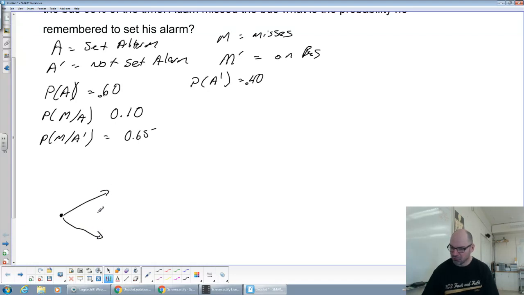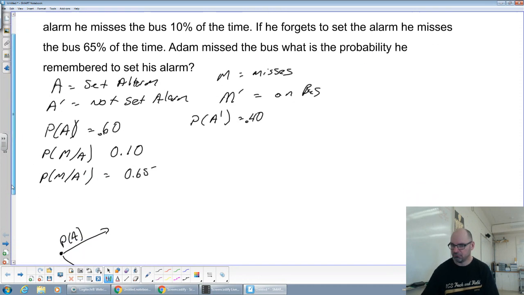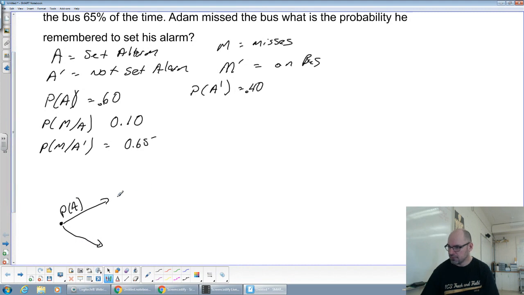So what we did was we looked at the probability that he set his alarm first, because we want to know, it says he missed the bus, what's the probability he set his alarm? Then the probability that he did not set his alarm.